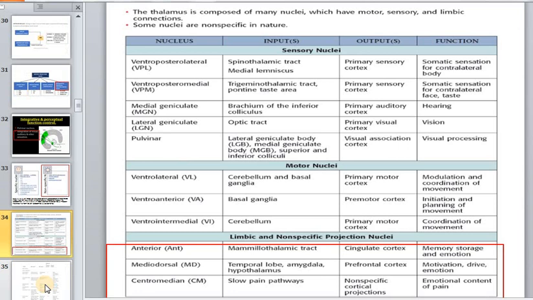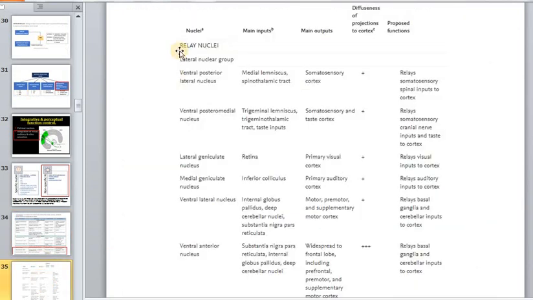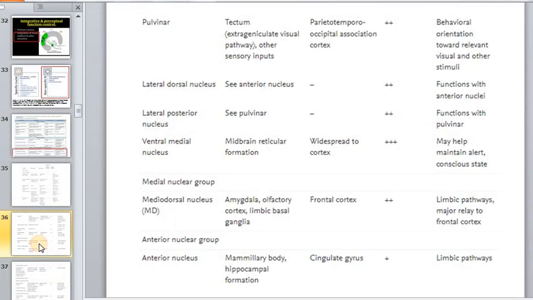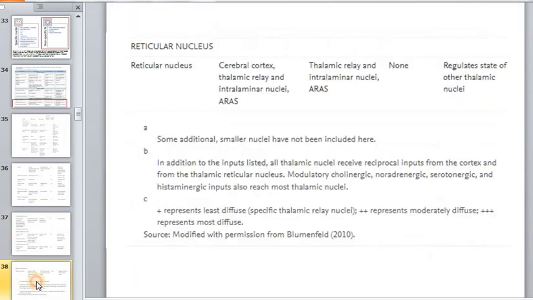Here we see the table, with the nuclei, main inputs, main outputs, diffuse projection in the cortex, and function of each nucleus, which we discussed. Here we see a lot of tables. If you want, we can write this table, and here we see the reticular nuclei inside the thalamic area.